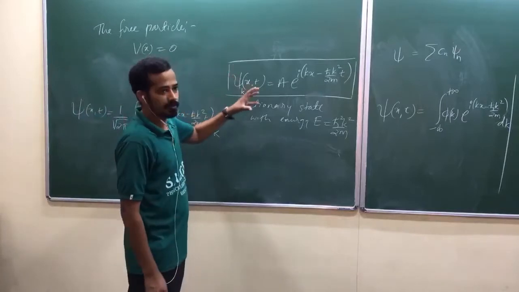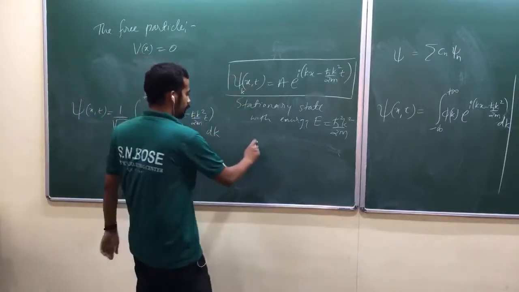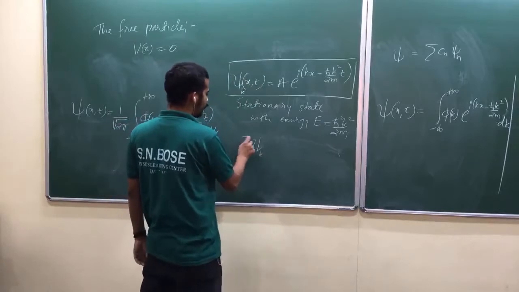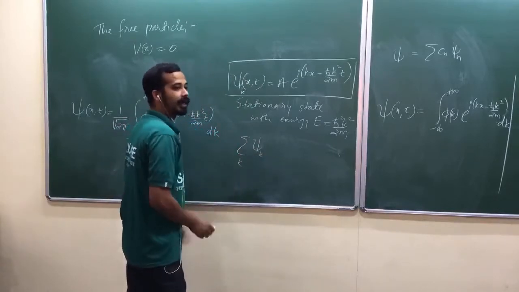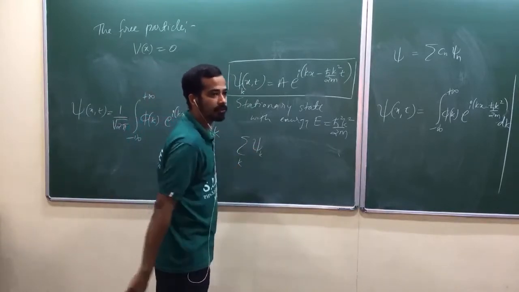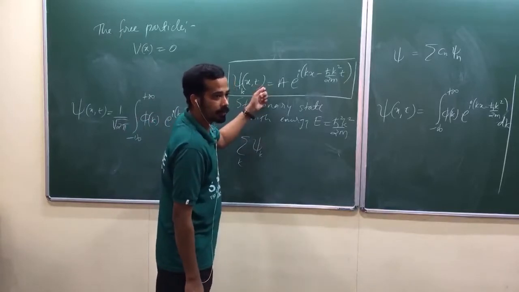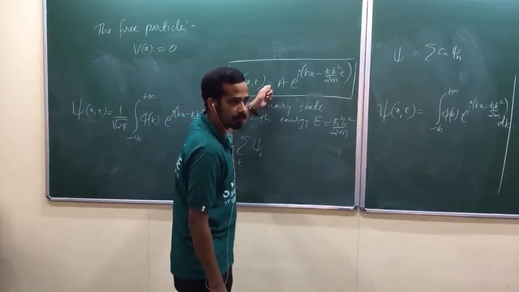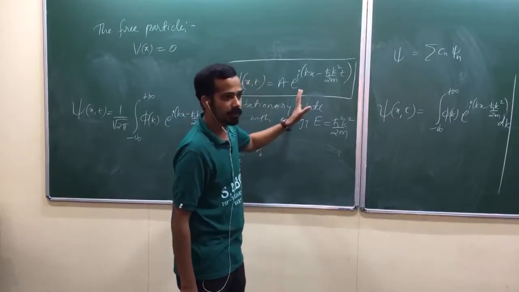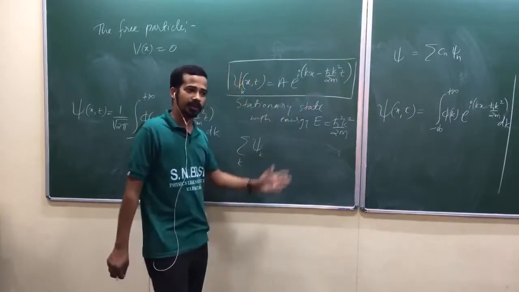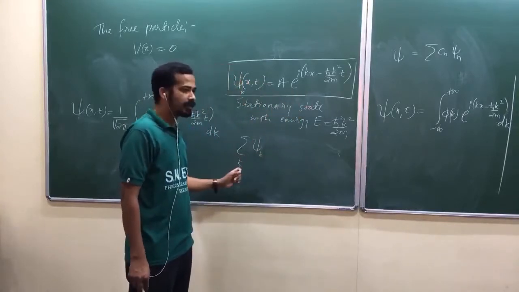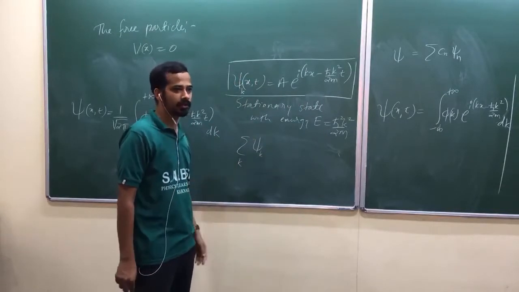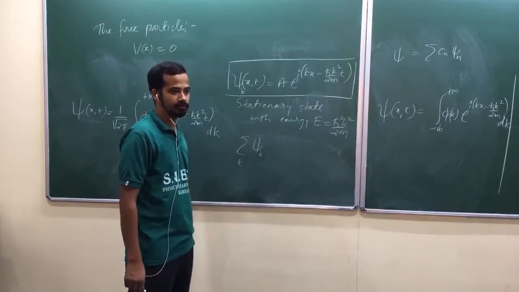I can add psi of k of different k, am I right? That linear combination may be normalizable. This is not normalizable. This is not physically possible. A stationary state is not physically possible, but a linear combination state may be, am I right? Now, how do you do that linear combination? Here, k is not discrete at all. You can't have a summation.